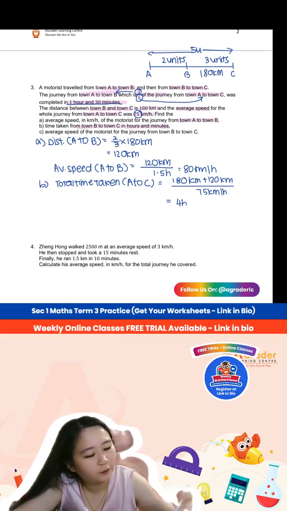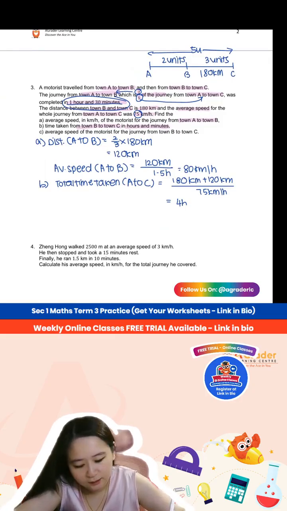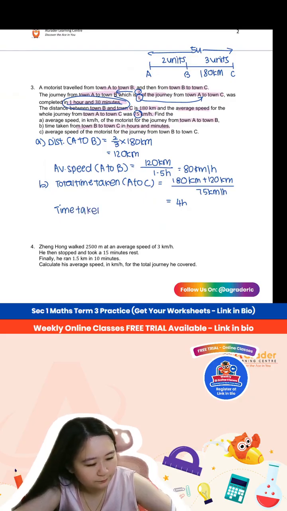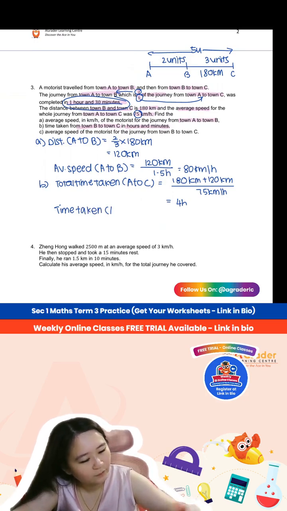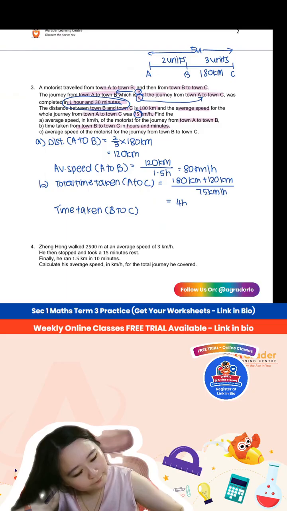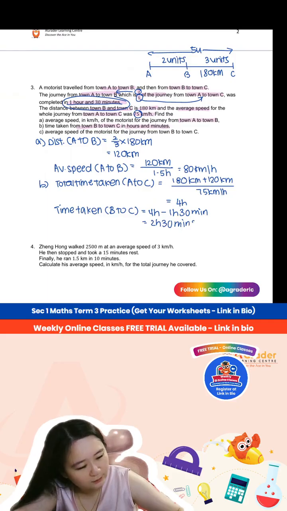So total is 4 hours, and you know the first part is 1 hour 30 minutes. So time taken B to C will be 4 hours minus 1 hour 30 minutes, 2 hours 30 minutes.